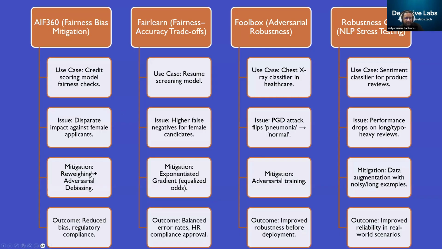And then for each one of them, a mitigation that was introduced as a consequence of the application of the tool set, and the perceived outcome as a consequence of the application of that particular tool. So this is again a view of what we had covered in session 2 as well.